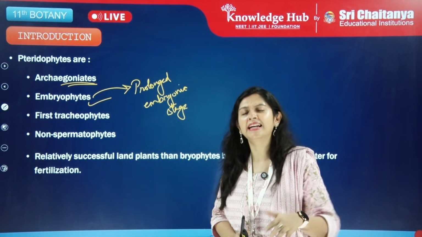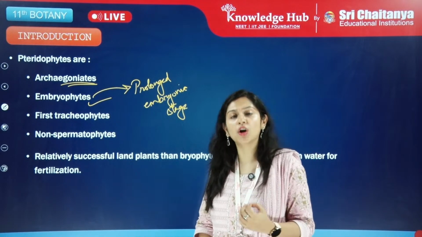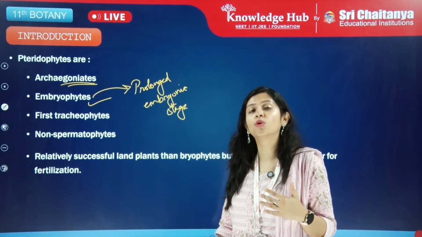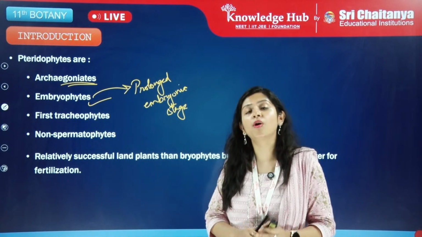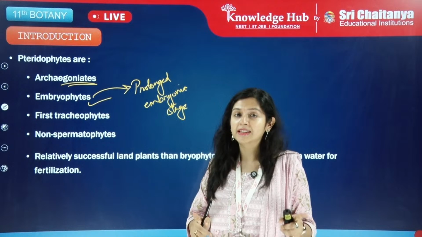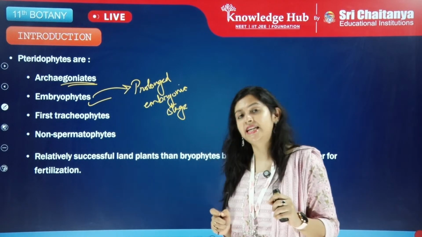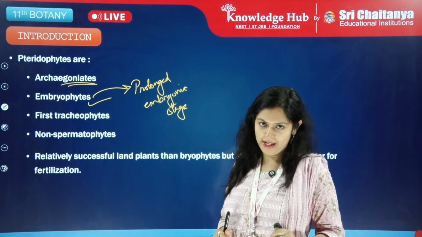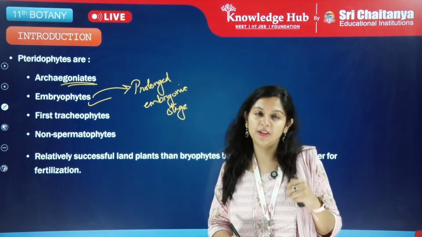We have seen that immediately after the zygote in many subdivisions of plants, they start to undergo meiosis and form something else. But here they have a proper embryonic stage in their life cycle, hence they are called embryophytes. Let's come to the next feature.